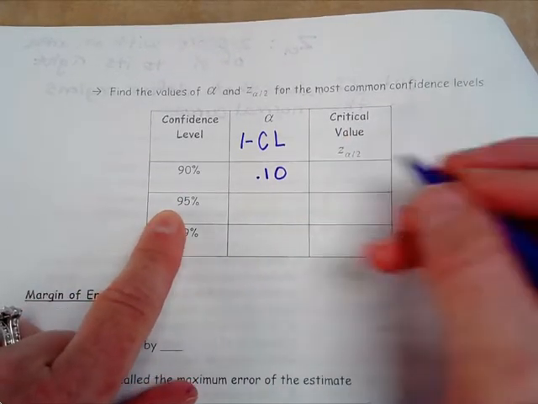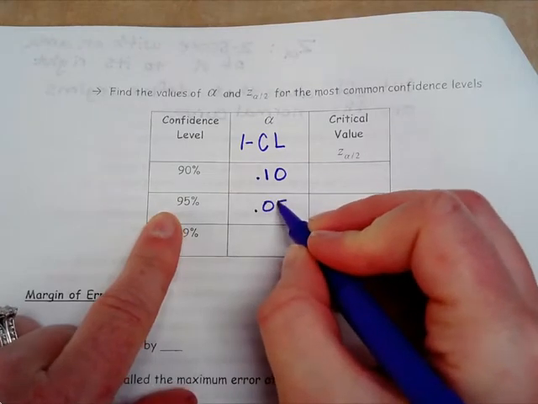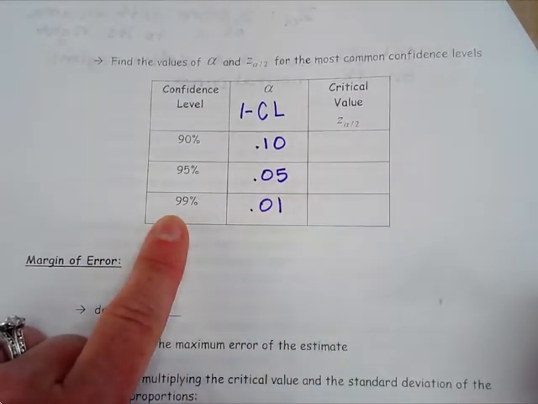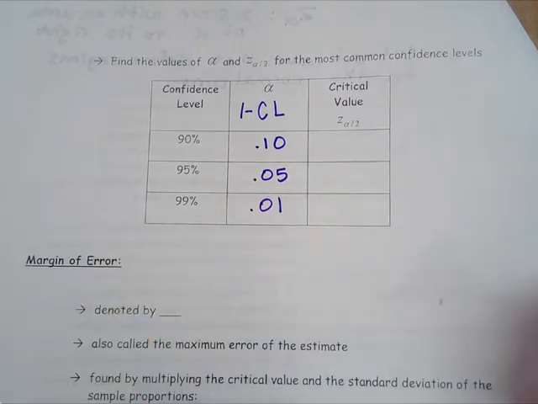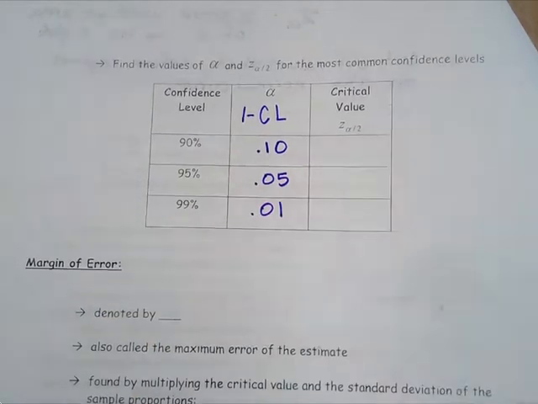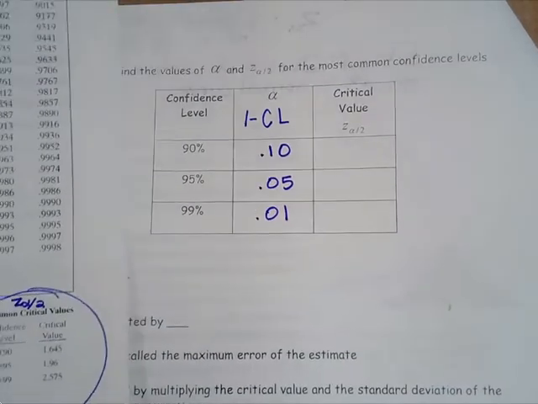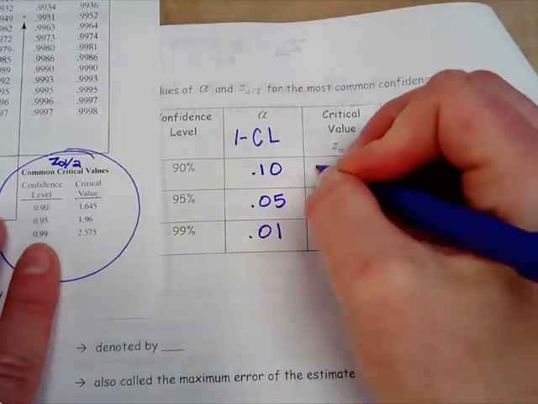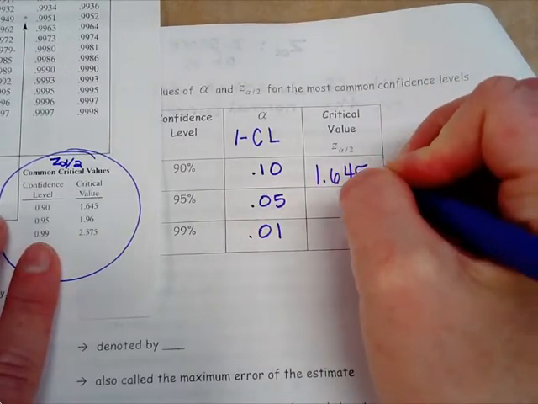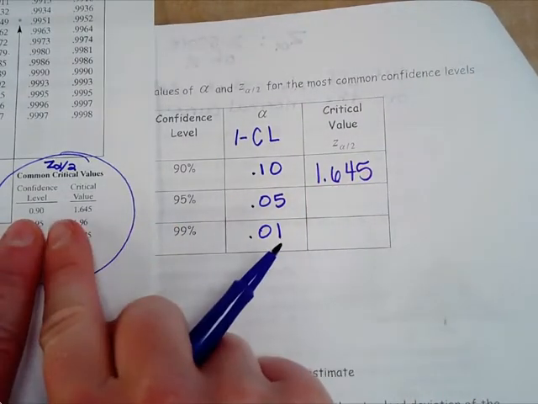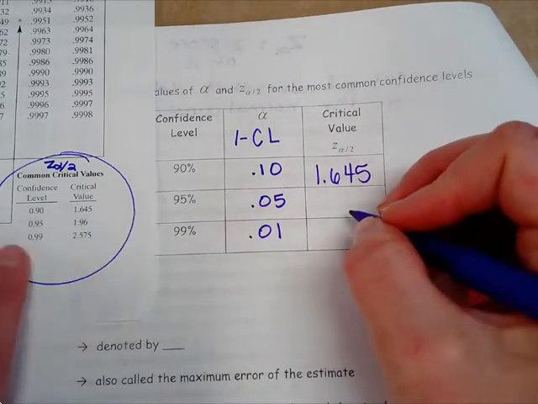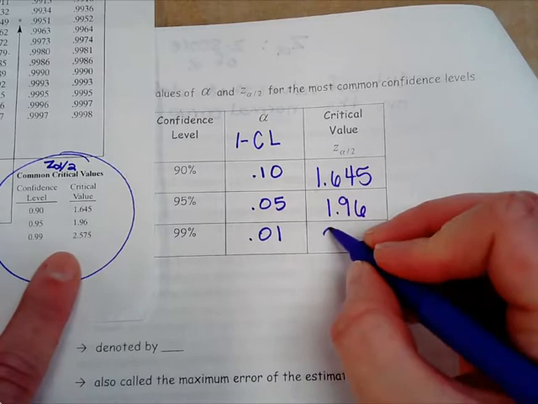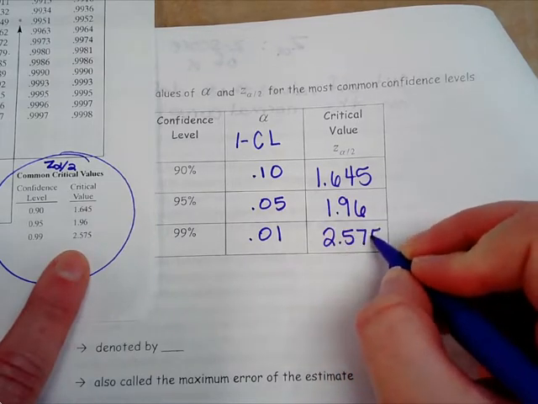Then 0.05, and 0.01. So our critical value for each of these is already on here. So that really is helpful. Go ahead and copy those over. For a 90% confidence level it is 1.645. 95 is 1.96. 99 is 2.575.